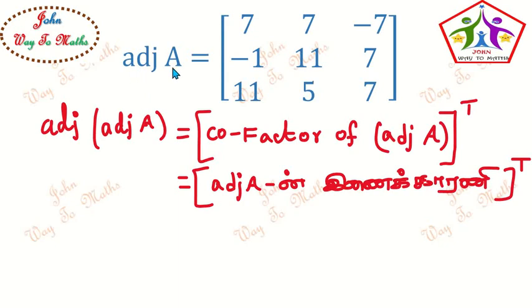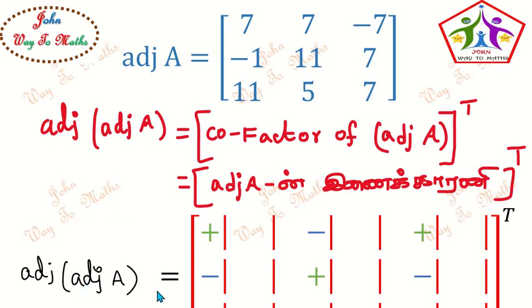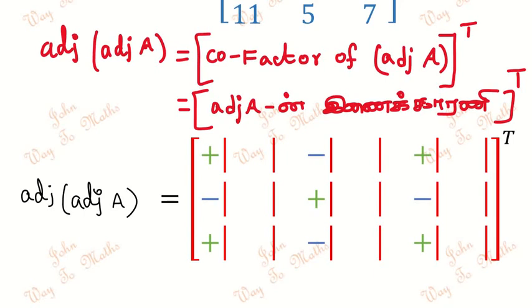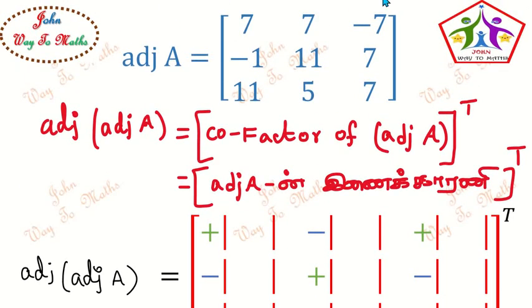Next, we are going to find the adjoint of the adjoint of A matrix. The adjoint is the transpose of the cofactor matrix. Now we find the cofactor for each element. For the first row first element, 7, we eliminate its row and column, so the remaining is 11, 7, 5, 7.